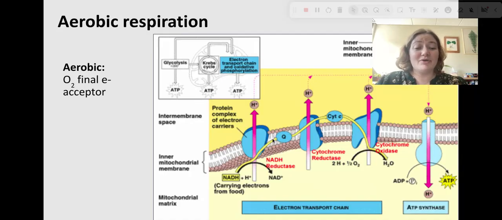The electrons go through the electron transport chain and eventually are captured by oxygen and some of those hydrogens to make water. Oxygen is the final electron acceptor. We need to have oxygen in order to accept those electrons so that more electrons can start going through the electron transport process. All right, so that's aerobic respiration. That's what we've covered so far.